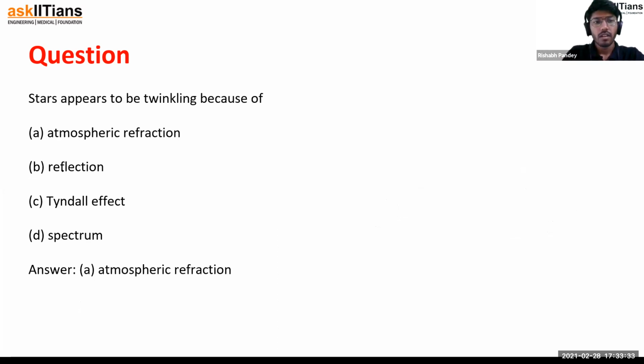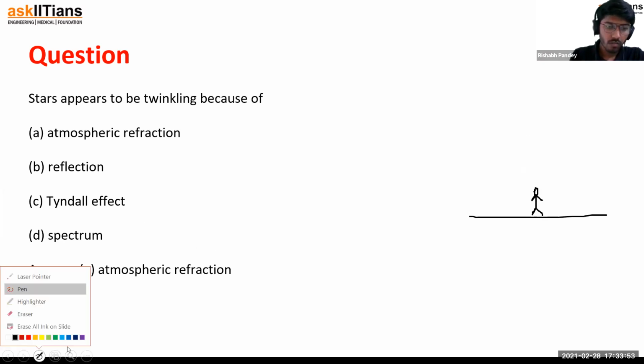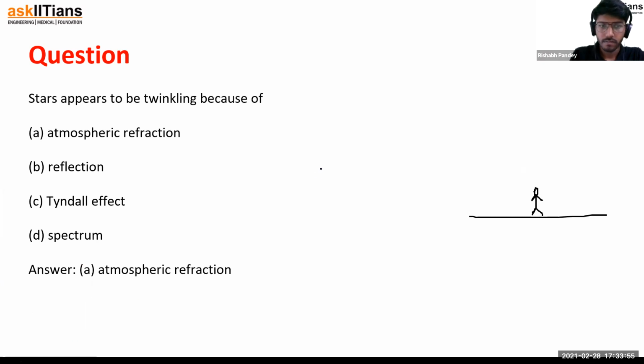Clear? The stars appear to be twinkling because of, yes, this phenomenon was left to be discussed. Just try to understand why the stars appear to be twinkling. Say, here is the surface and you are standing over here. And here we have one of our stars. This is the star, right? As the sun is also a star.